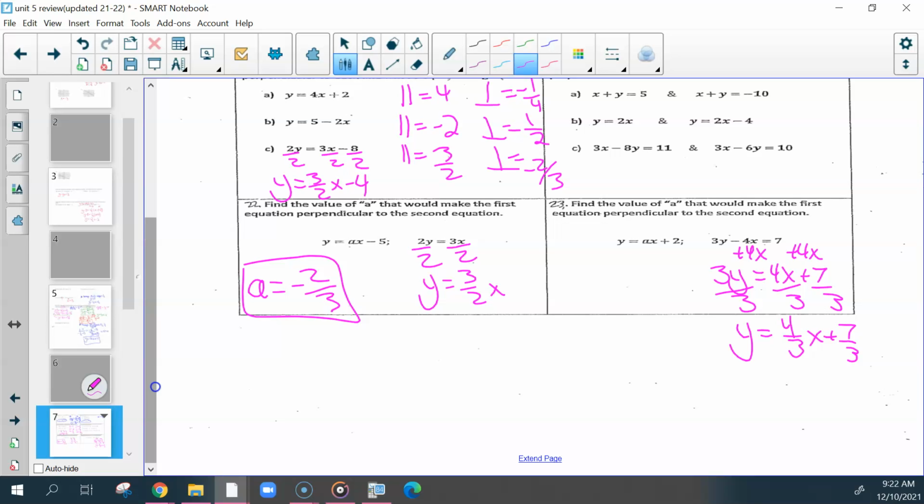And then looking at the slopes, what slope would be perpendicular to this? To -4. Negative, not 4 or 3. 3. And that would be what A equals.